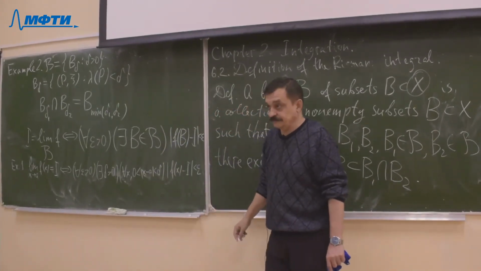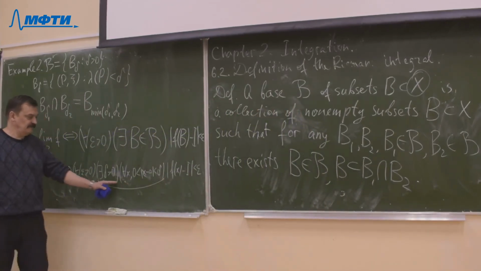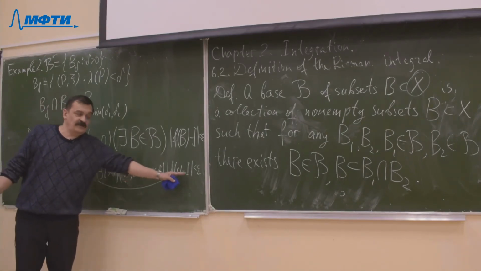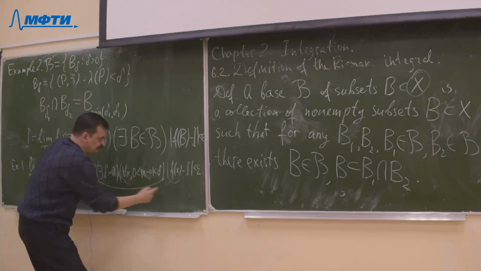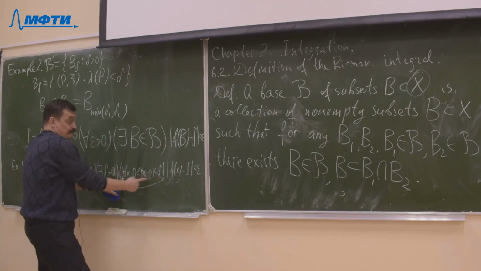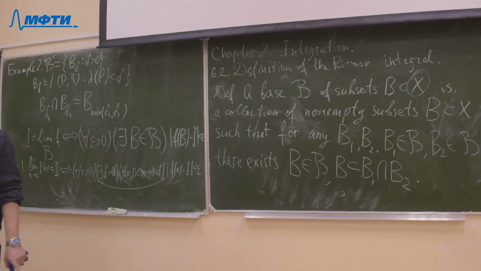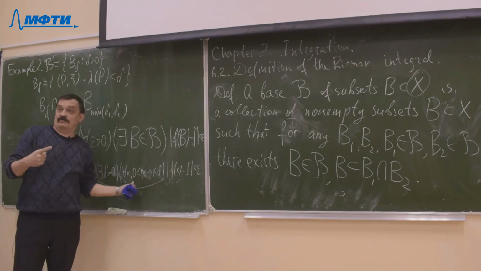Now look, this is equivalent. Remember, this was B delta in example 1 of a base; this was an element of our base.